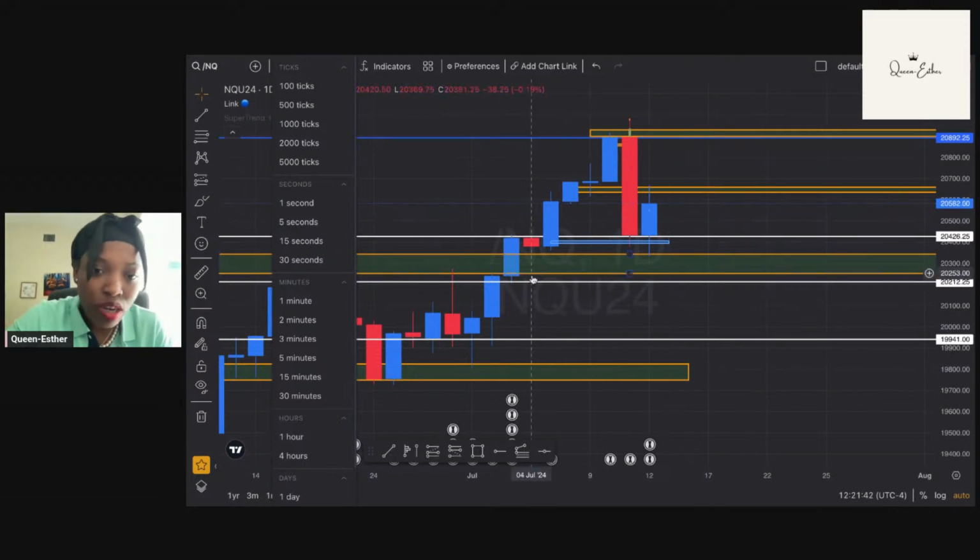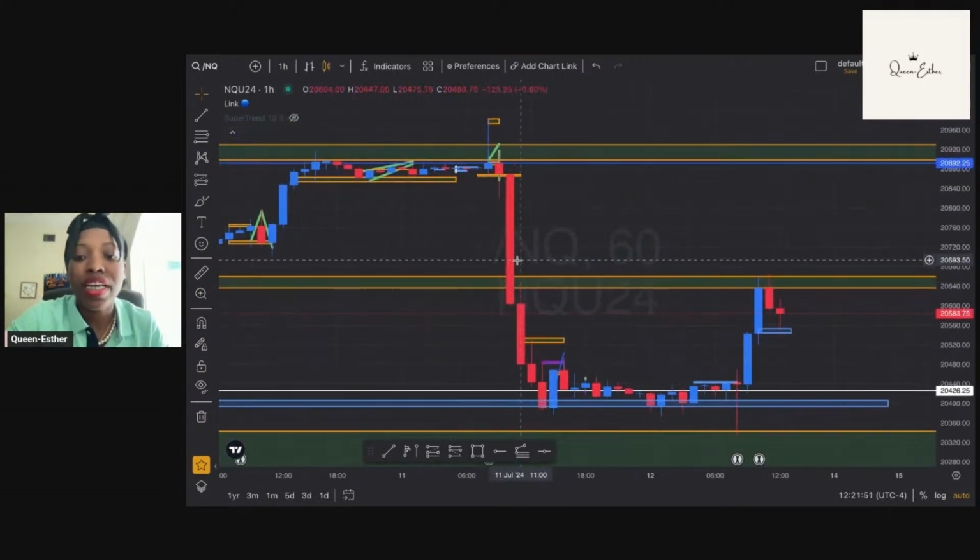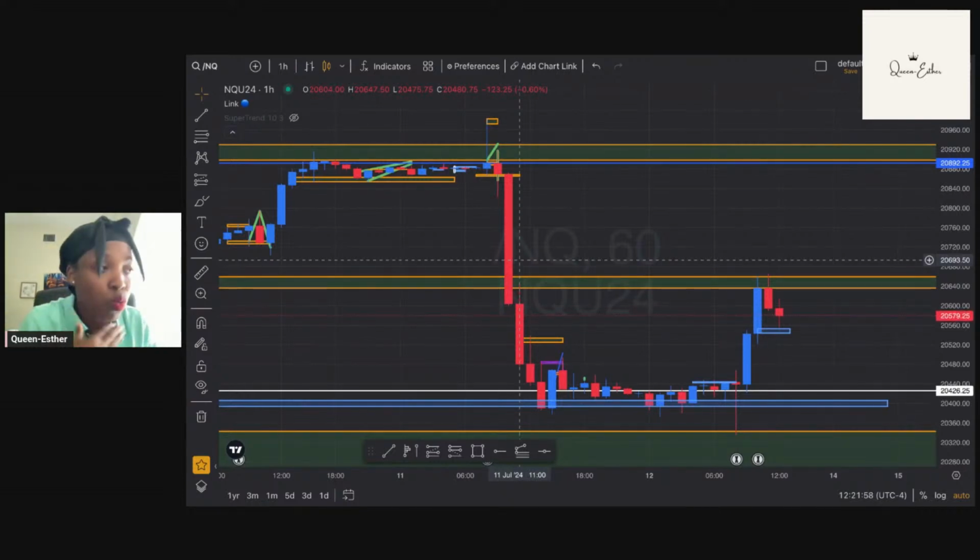So when I come, I go to the daily, I go to the 4 hour and the 1 hour. The 1 hour is something I pay a lot of attention to since I'm more of a scalper. I don't know why I would hold Nasdaq for a day or more.